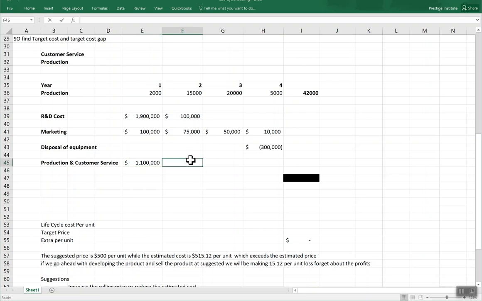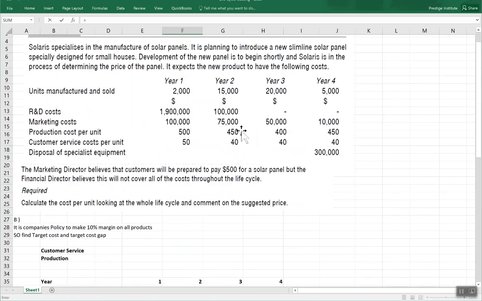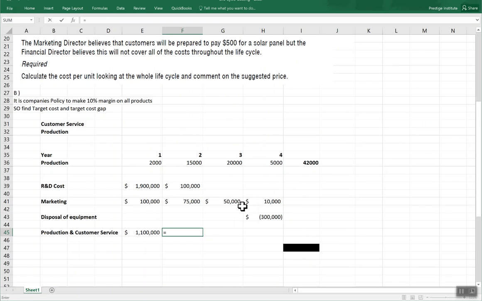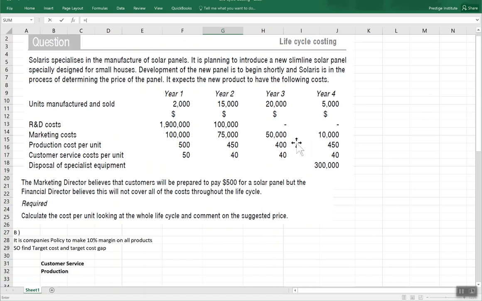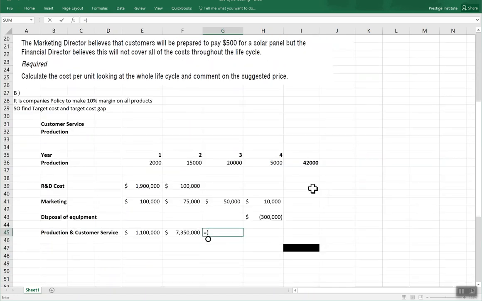And then we have 450 and 40. Remember, I'm multiplying by units because they're per unit cost. We have 440.